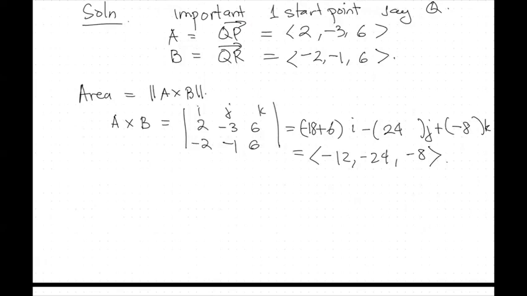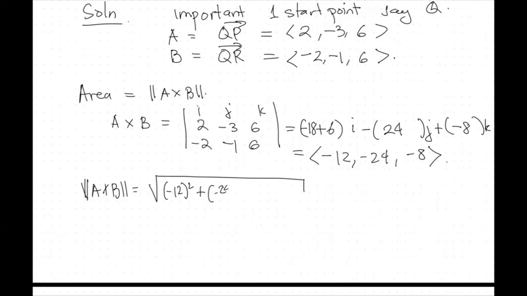So if you take the magnitude, it's just the square root of (-12) squared plus (-24) squared plus (-8) squared. And okay, compute this very big number.